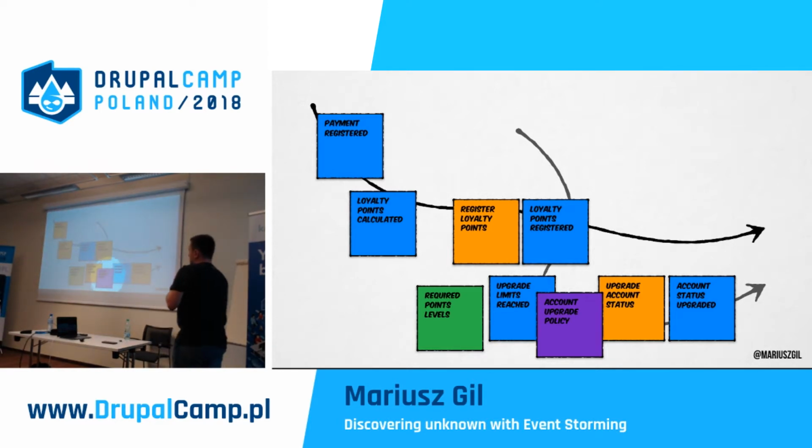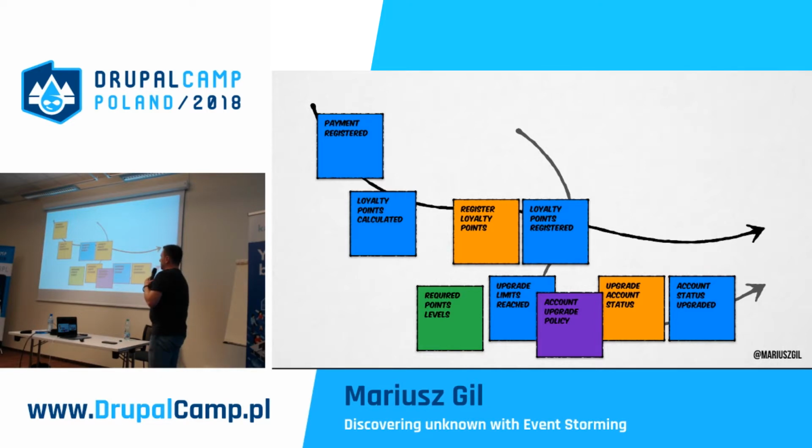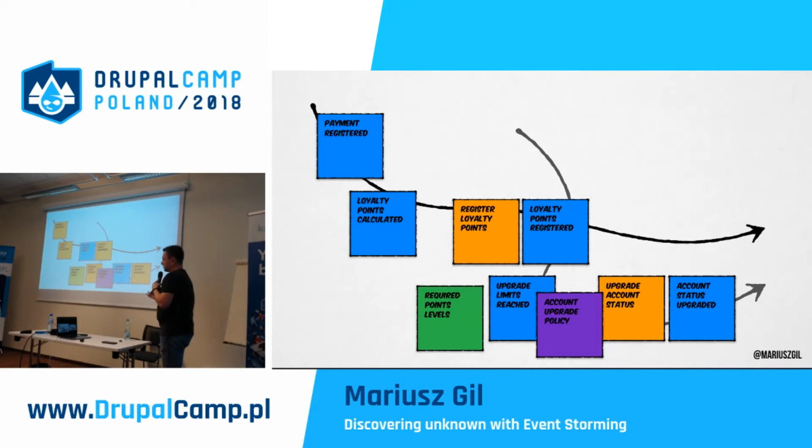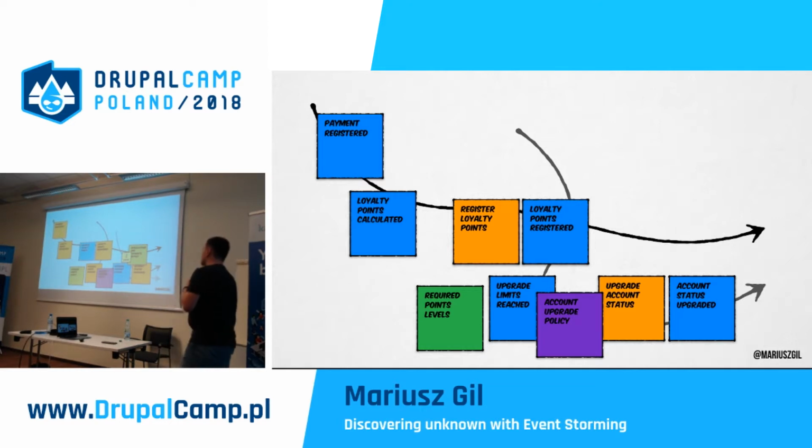This element is all about connecting actions with other actions. So when our system receives the information or sees the event called upgrade limit reached, this policy, which is also a class, will trigger an action called upgrade account status. Or maybe this action may be triggered manually by, let's say, a customer service.